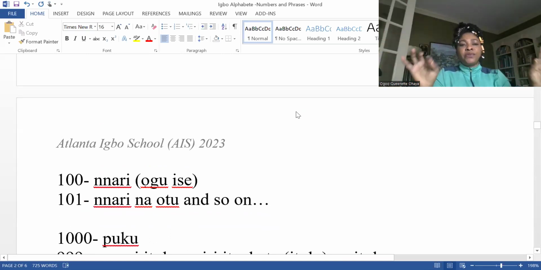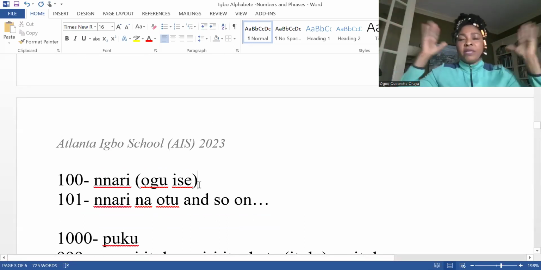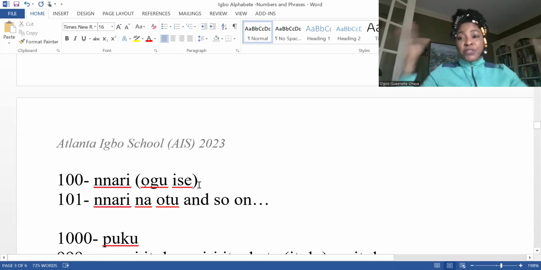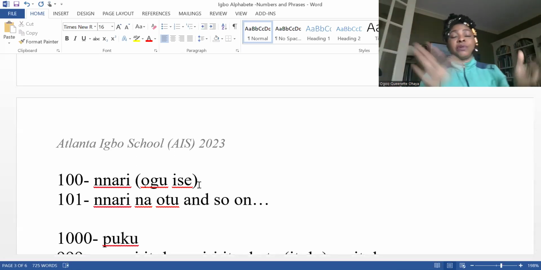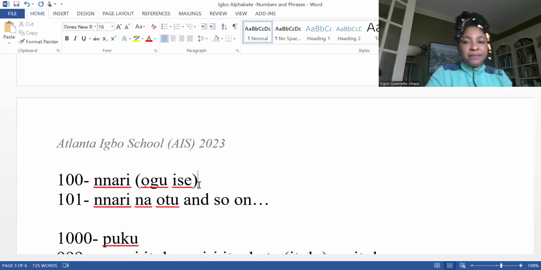Nari. 100 is nari. Forget about ogu, ogu ise. We don't do that one anymore. But that's the olden way our ancestors used to count numbers. They count ogu, ogu ise, ogu anọ, ogu atọ. So things like that. But this is the way we count it now.